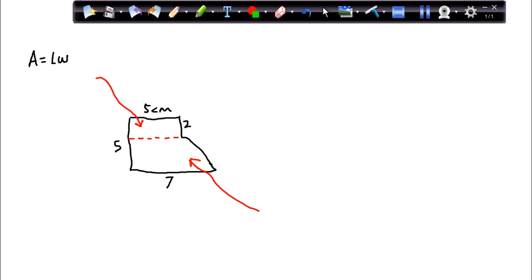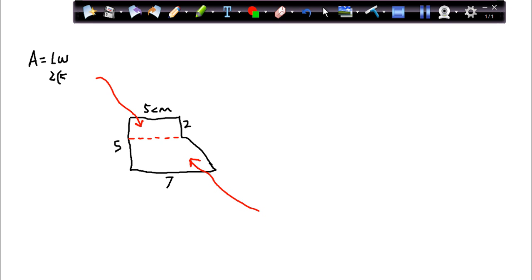So when we look at the rectangle part of this, area for a rectangle is equal to length times width. So, as they show it in your book, the length and the width is 2. So let's put it over here. 2 times the width of 5.